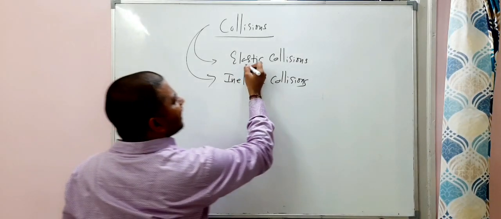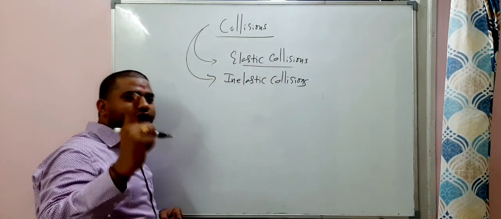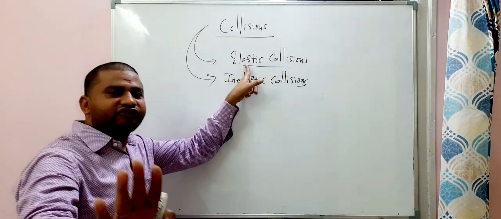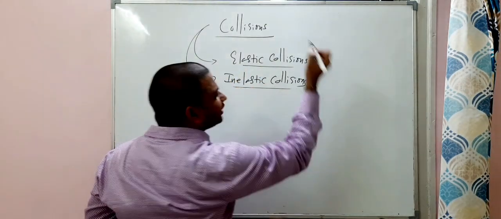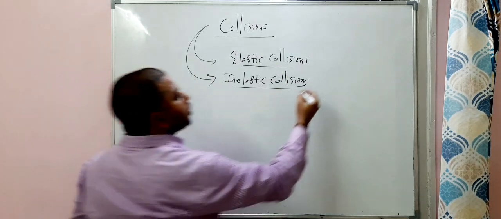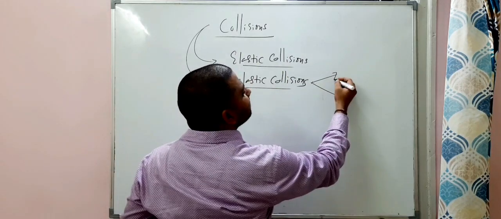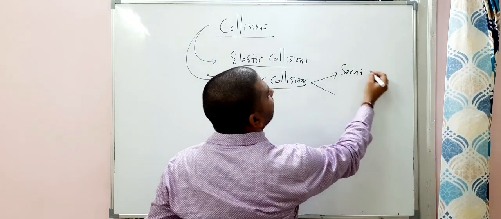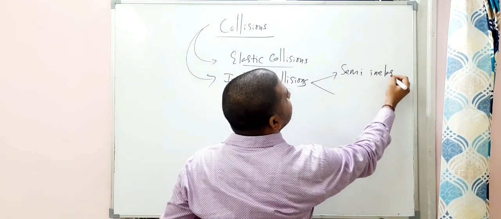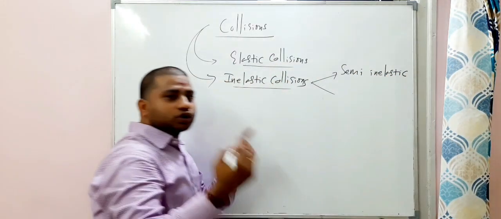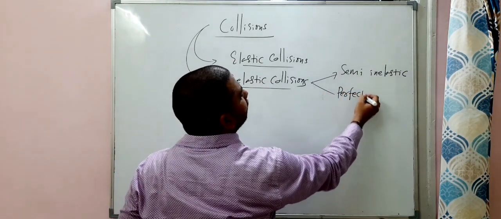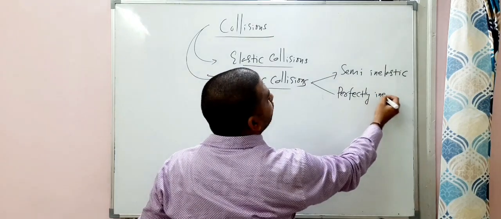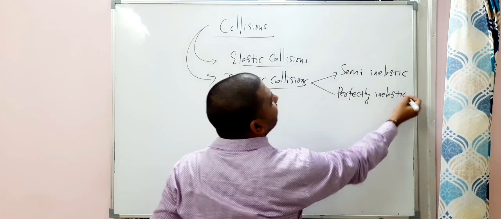Elastic collisions have one and only type, called perfectly elastic collisions. Whereas inelastic collisions have two types. One is the semi-inelastic collision, and the other is the perfectly inelastic collision, my dear students.